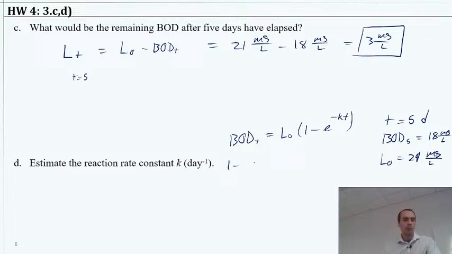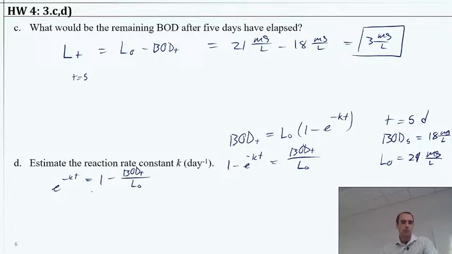With that, we can rearrange a bit. I'm going to do that before I put in the numbers here. BOD at T equals L0 times (1 minus e to the minus kt). If we divide both sides by L0, we have BOD over L0 on the left side. We can isolate the e: e to the minus kt equals 1 minus BOD at T divided by L0.